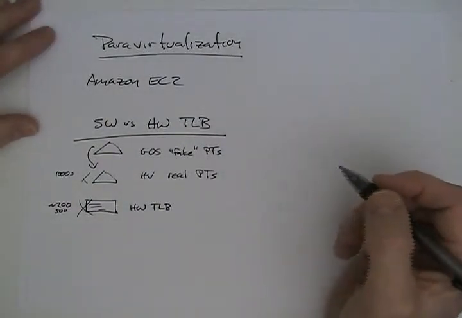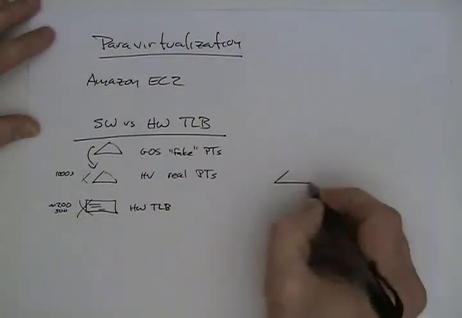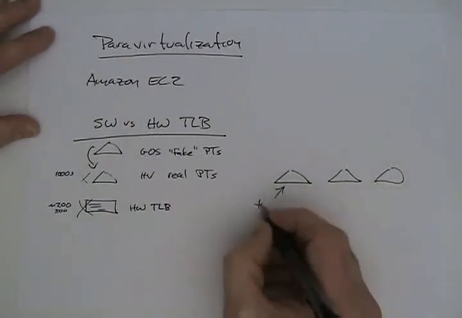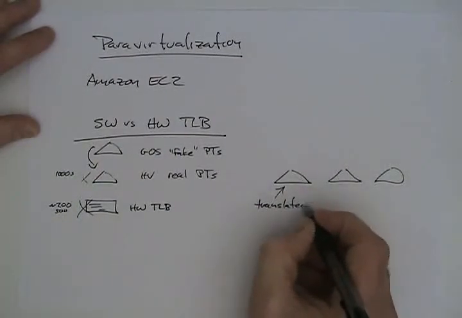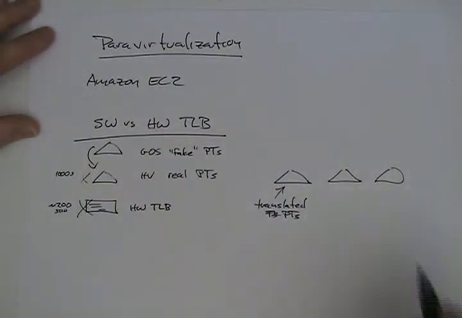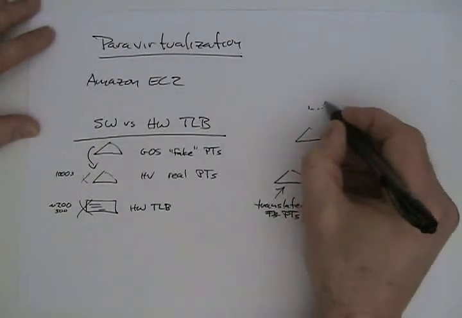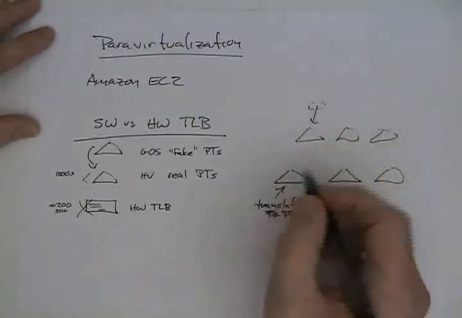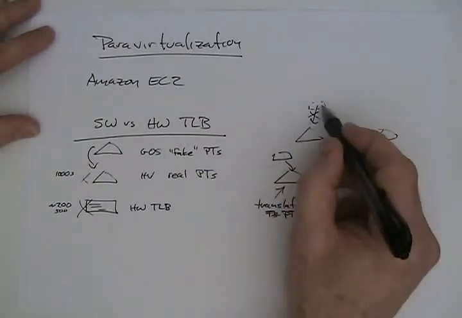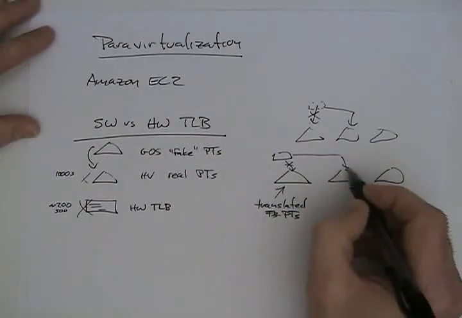So in software, we optimize things by saying we're going to save these translated page tables, and then when the guest switches their fake CR3 from this table to this one, we're going to switch the real CR3.